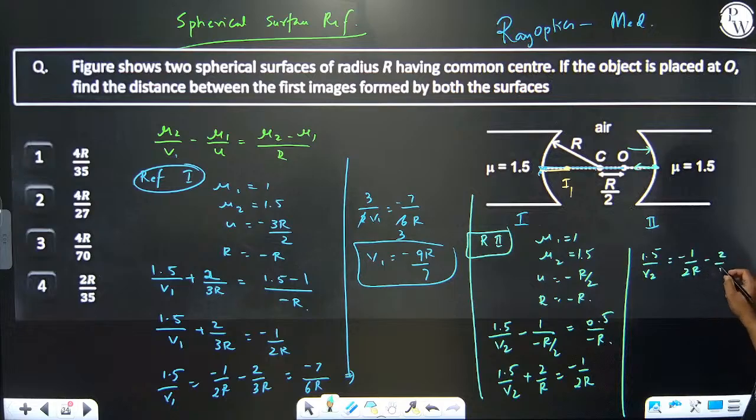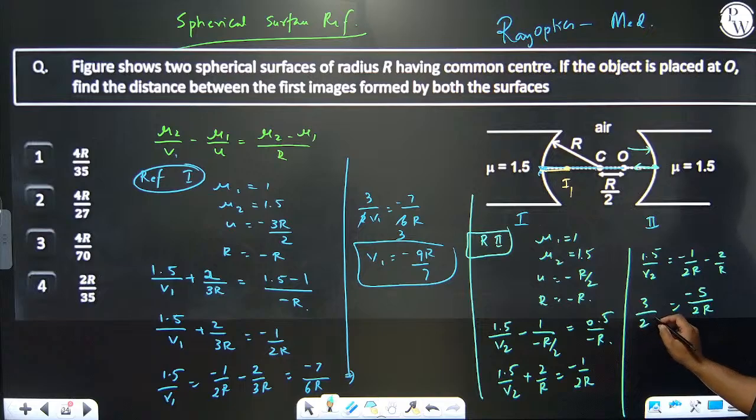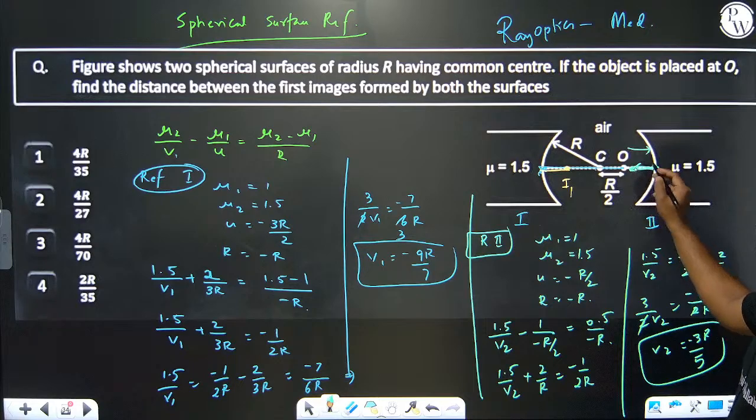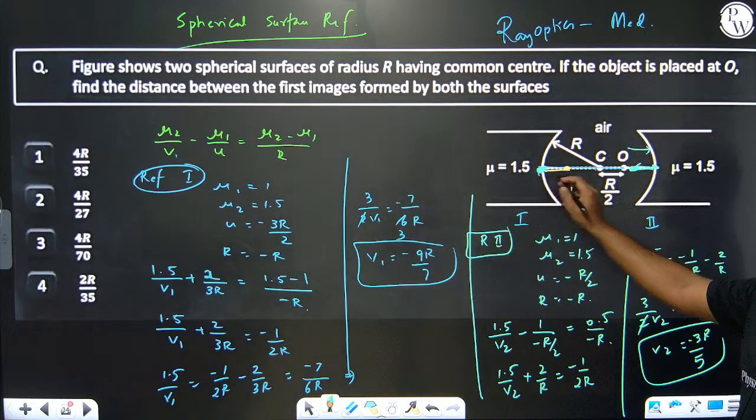So minus 2 by R, so it is minus R minus 4, so it is minus 5 by 2R is equal to 3 by 2V2. So 2 gets cancelled, and if you send this across, minus 3R by 5 is coming.